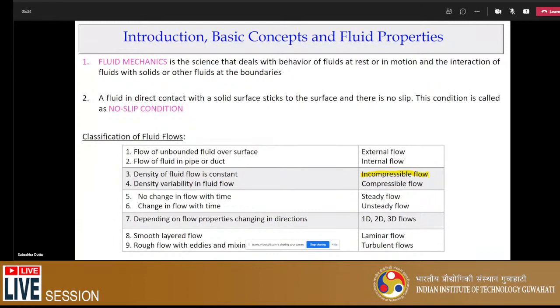So we can assume it to be constant. Those are the flow conditions when the flow is incompressible.